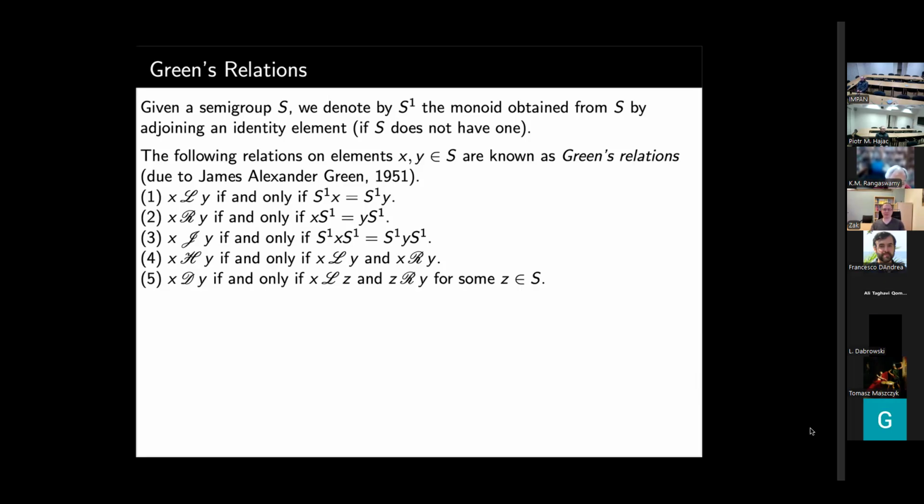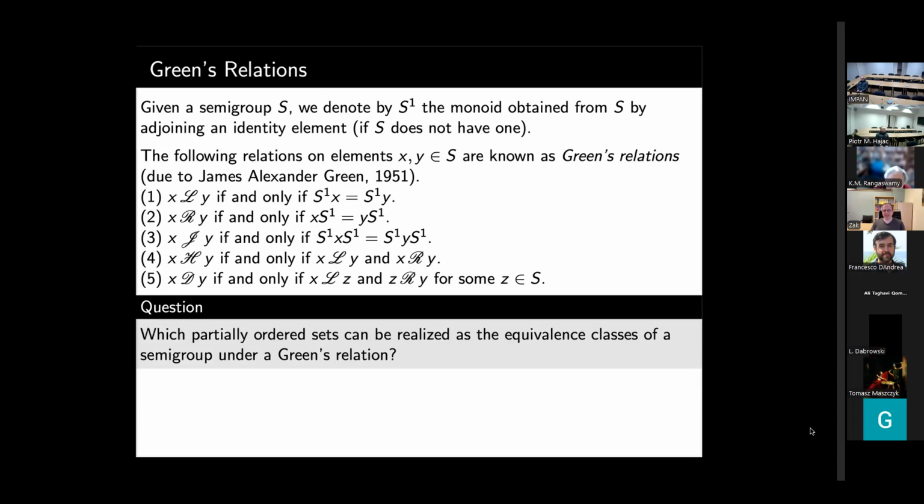Now, for every semigroup, this gives you a whole bunch of equivalence classes of things. And so then it's natural to ask, what sort of structures can you build with that? And this is a question that comes up in the literature over and over. You can ask this about really any algebraic object. Like if you take the subgroups of a group, what does that form as a partially ordered set or lattice under set inclusion?